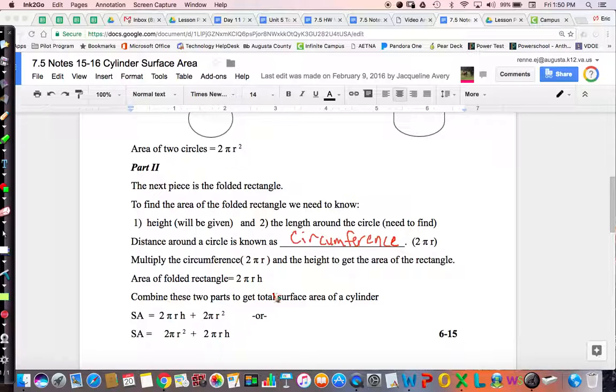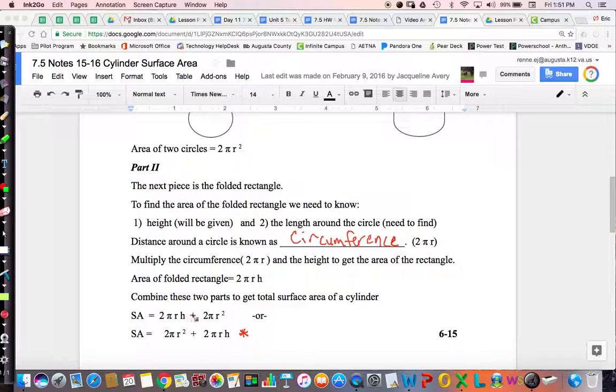So when we combine these two parts, we get the total surface area. So we have 2 pi r h plus 2 pi r squared, or the one that you will see on your formula sheet, 2 pi r squared plus 2 pi r h. Now both of these formulas are acceptable because this is using the commutative property of addition.